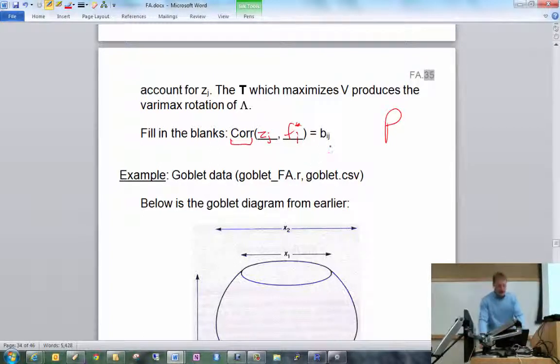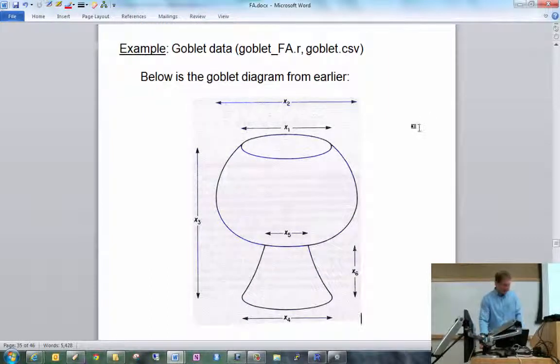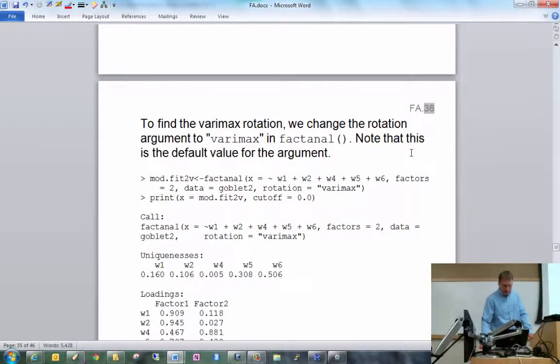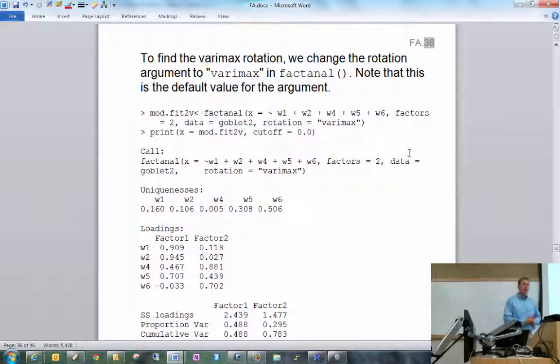So let's apply these ideas now to the goblet data set. Here's the old goblet diagram to help you see what's going on. And I'm going to use the Varimax method with this. We're going to use exactly the same code as before. I'm going to put the results into mod.fit2v to stand for Varimax.